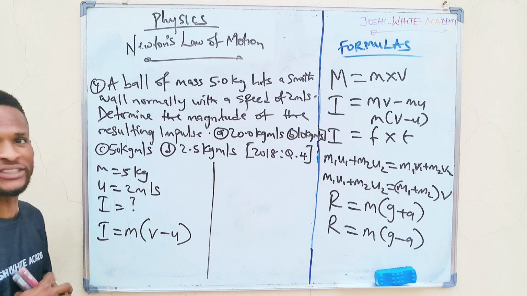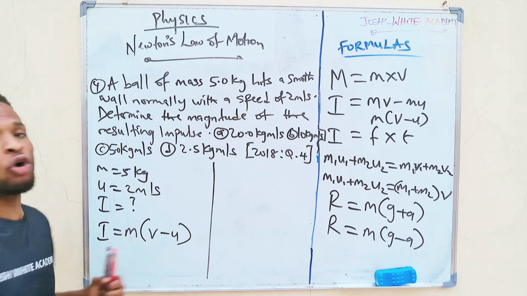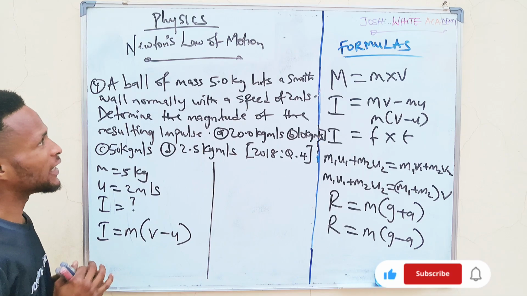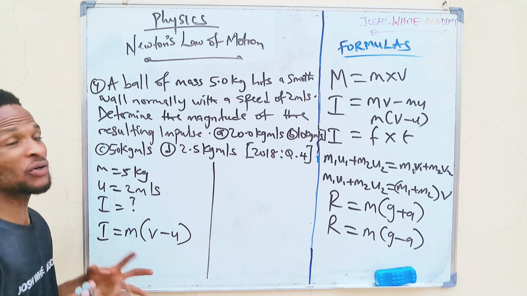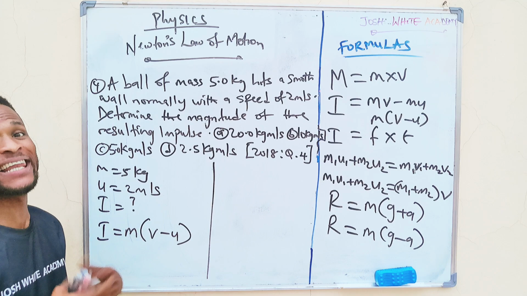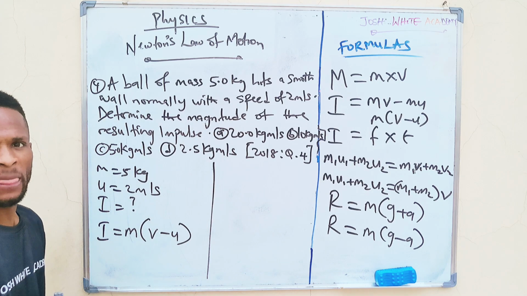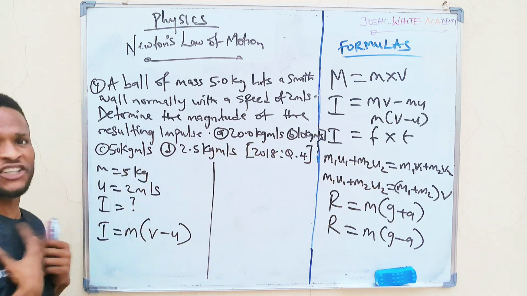But now I want you to take note. When you throw a ball to the wall, they use the word smooth wall so that we can see that it is an elastic collision. You throw a ball to the wall. The ball hits the wall and bounces back to you.